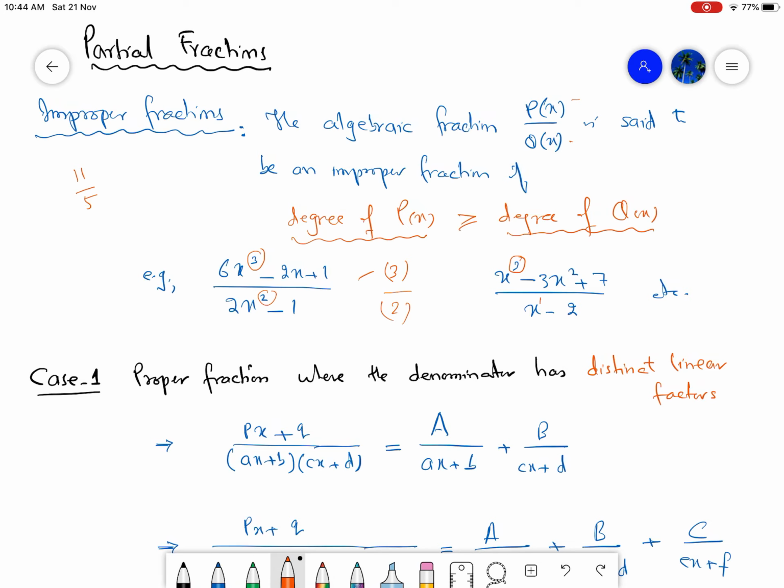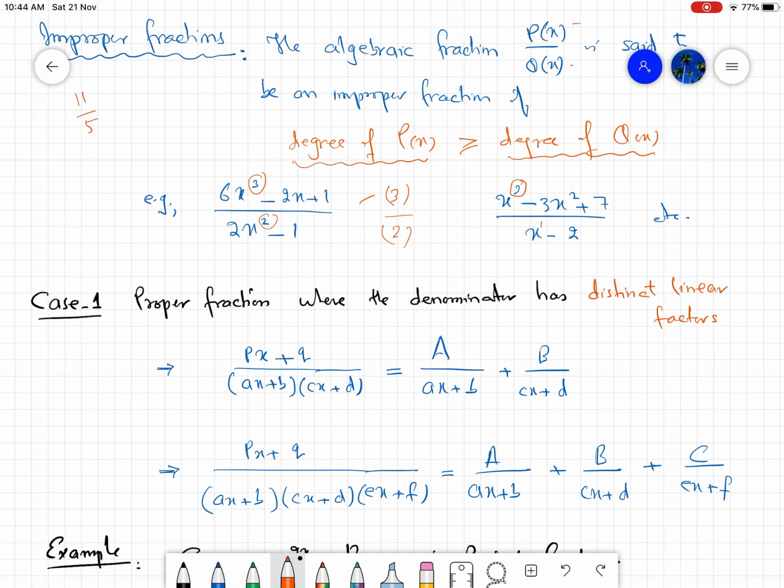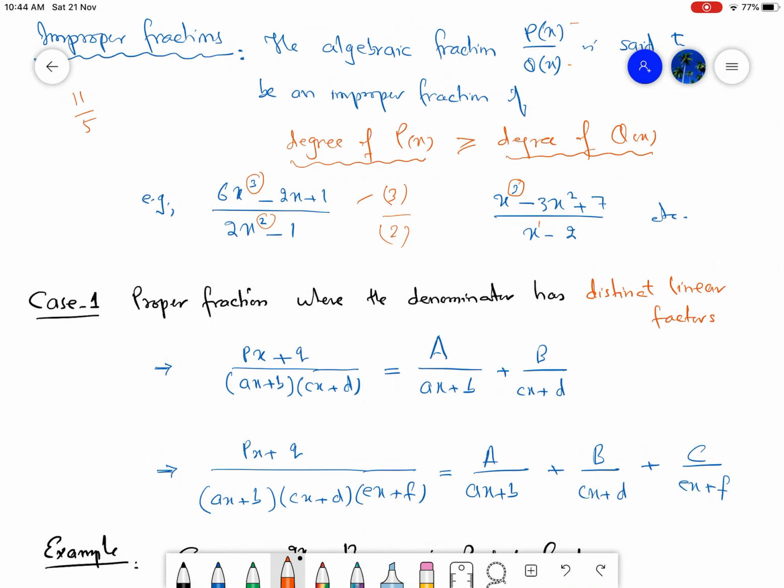Now coming back to our actual discussion, case 1 of performing partial fractions: partial fractions when the denominator has distinct linear factors. In general, we can say (px + q) divided by (ax + b)(cx + d).